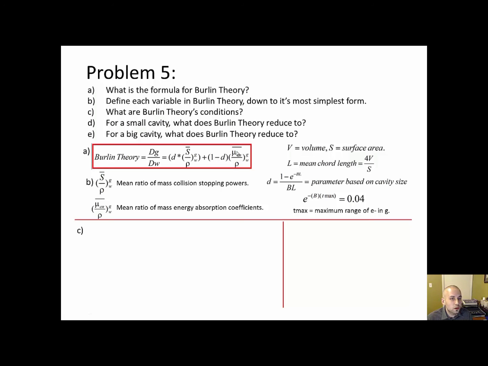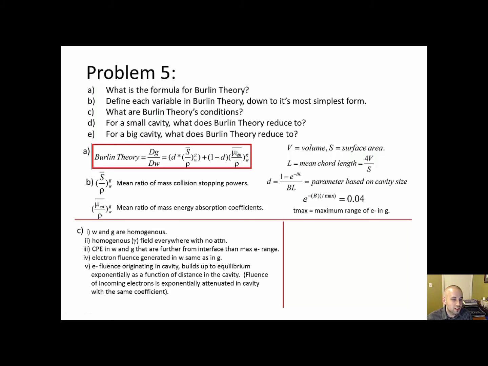For C, what are Burlin theory's conditions? There are many conditions. The gas and medium are homogeneous, with a photon field everywhere with no attenuation. Charged particle equilibrium in the medium and gas, or medium and cavity, that are further from the interface than the max electron range.